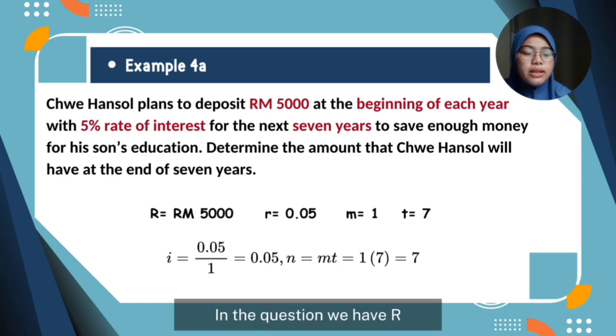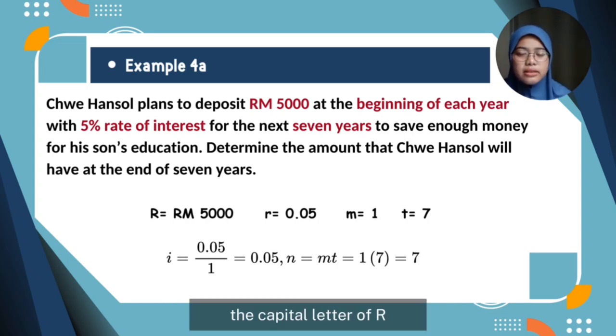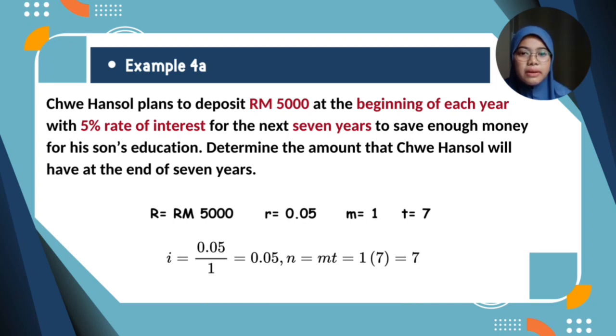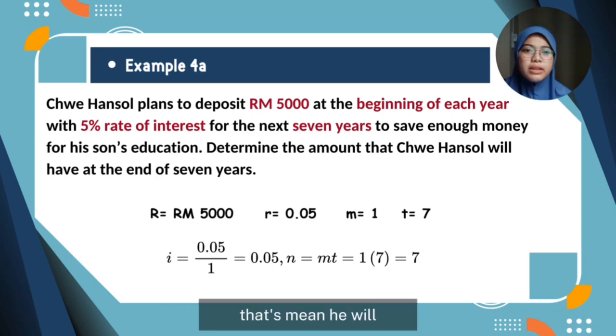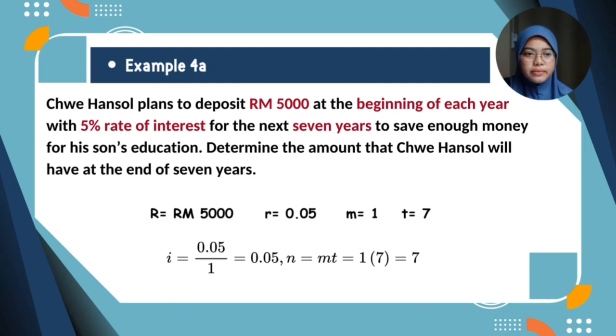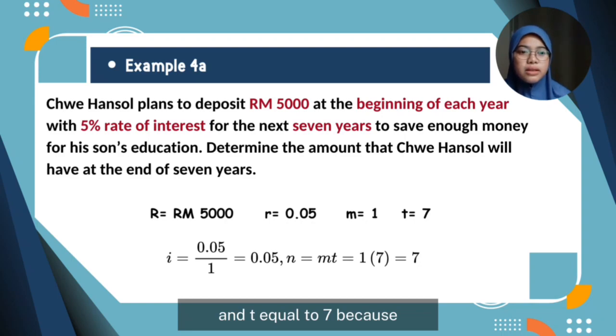In the question, we have R, small letter r, and M and T. M is 1 because he will save the money every year, not every month, and T equal to 7 because the question said for the next 7 years.